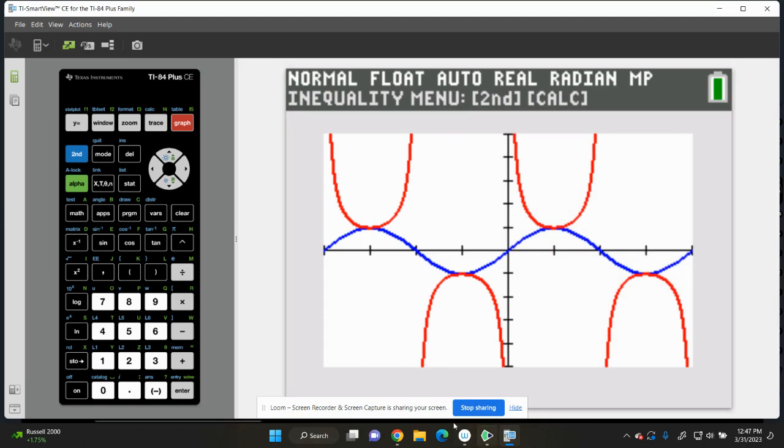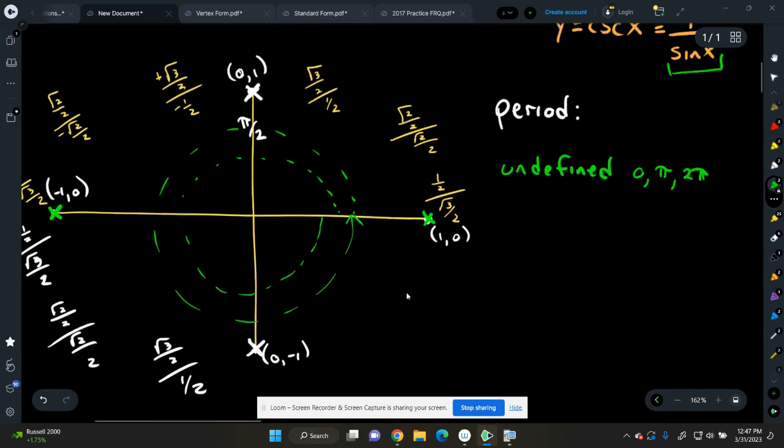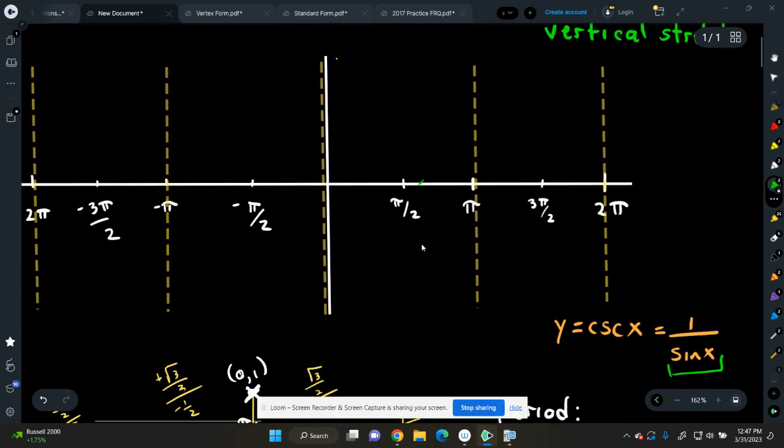Okay? So when I'm graphing this, if I go back up here, I'm just going to sketch my sine curve in there real quick. Here's my sine curve.